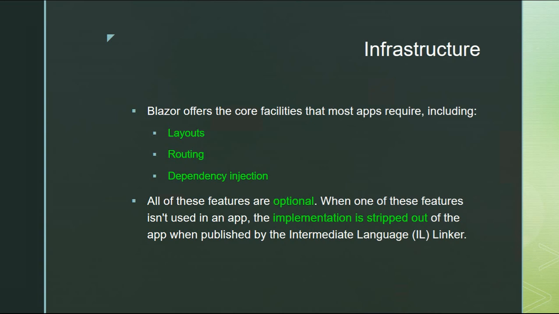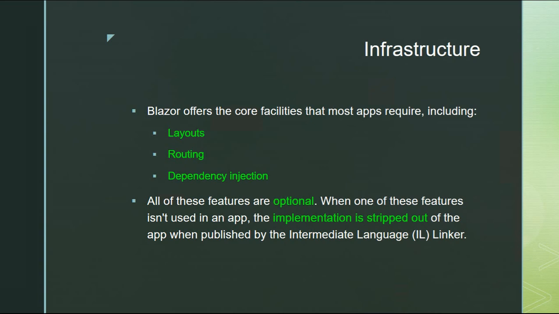And on the infrastructure side, most front-end applications nowadays have 3 primary components, which are layouting, routing, and dependency injection. So those 3 are available ready, and all 3 are optional to use.